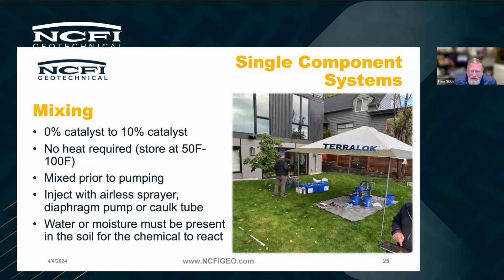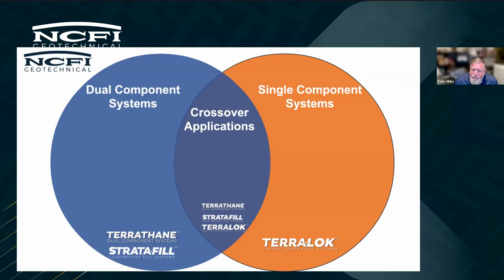You would mix the catalyst right before pumping, inject with either an airless sprayer or diaphragm pump. Some systems for smaller projects would be put into caulk tubes for use. Again, water or moisture does need to be present for the chemical to react.